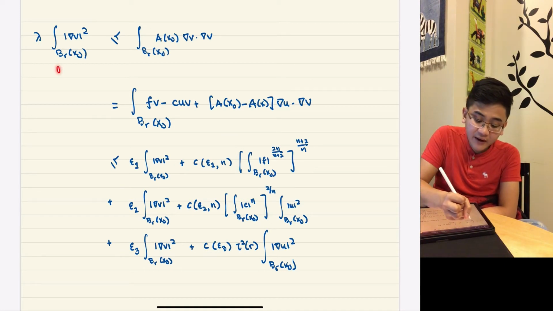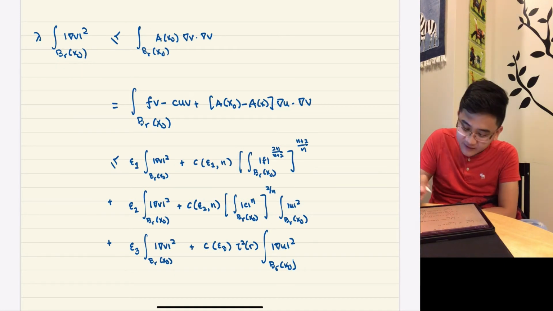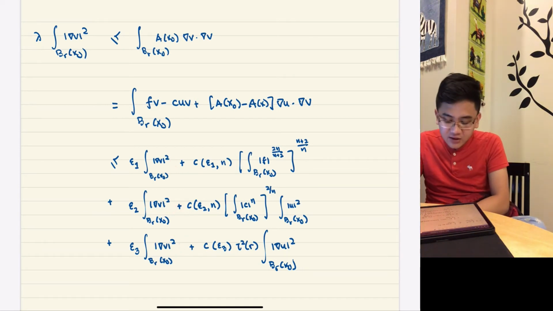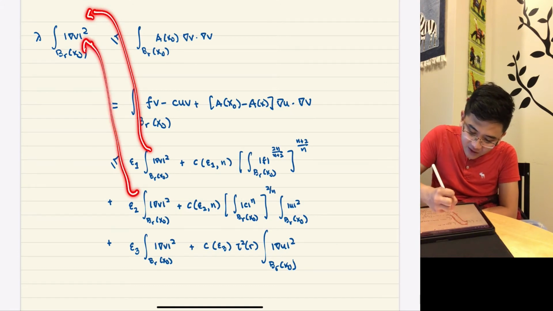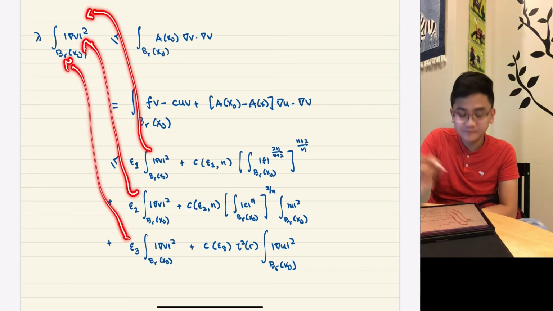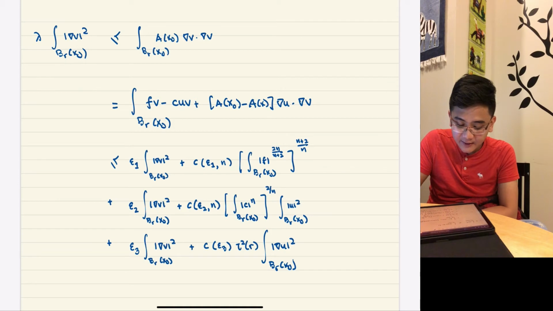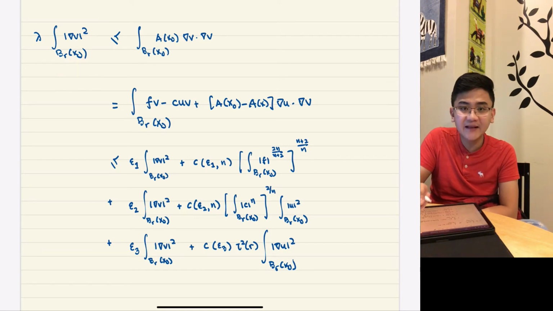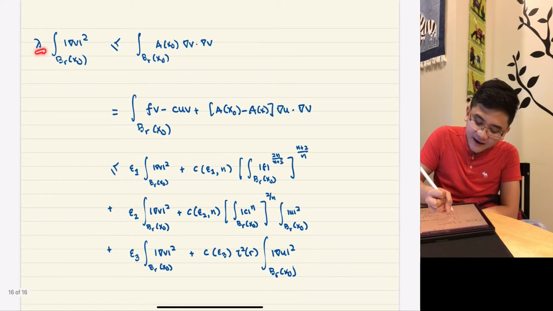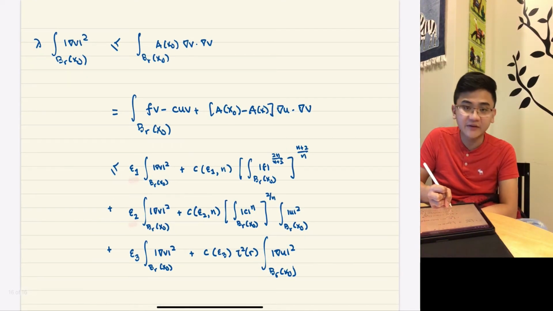Well, I have here the L2 norm squared of grad V, and those terms appear here as well. So we're going to move those terms to the other side. And so I can factor out this term, and I'll be left with something like lambda minus epsilon 1 minus epsilon 2 minus epsilon 3.